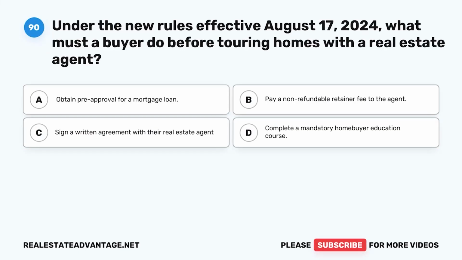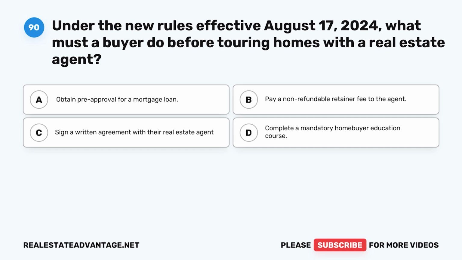Question 90. Under the new rules effective August 17, 2024, what must a buyer do before touring homes with a real estate agent? A. Obtain pre-approval for a mortgage loan. B. Pay a non-refundable retainer fee to the agent. C. Sign a written agreement with their real estate agent. D. Complete a mandatory homebuyer education course.